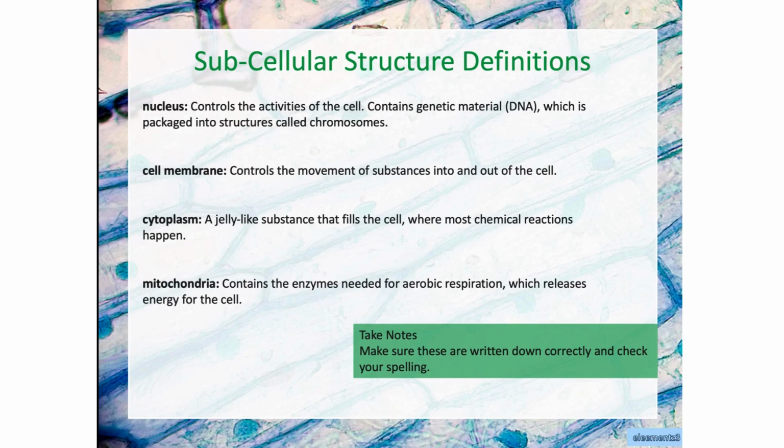Cytoplasm, a jelly-like substance that fills the cell, where most chemical reactions happen. Mitochondria contains the enzymes needed for aerobic respiration, which releases energy for the cell. Do take notes, but don't forget your spellings.